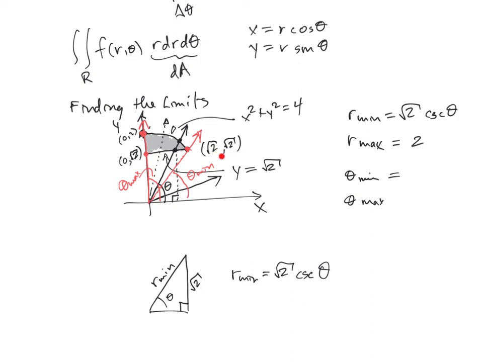It's a straight line that goes through the origin. What's this angle? Pi over 4, 45 degrees, right? Pi over 4. Okay, what's theta max? Pi over 2, 90 degrees. Okay, there you go. There are your limits.